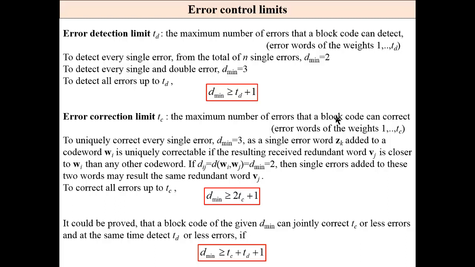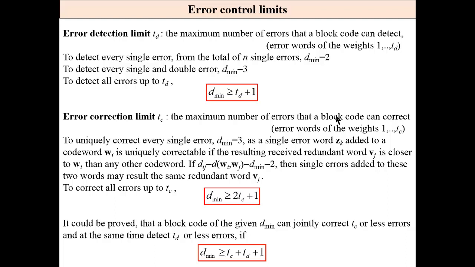Next, the error correction limit: the maximum number of errors that a block code can correct, related to the minimum distance. To uniquely correct every single error, the minimum distance should be 3, as a single error added to a code word is uniquely correctable if the resulting received redundant word is closer to W sub E than to any other code word.